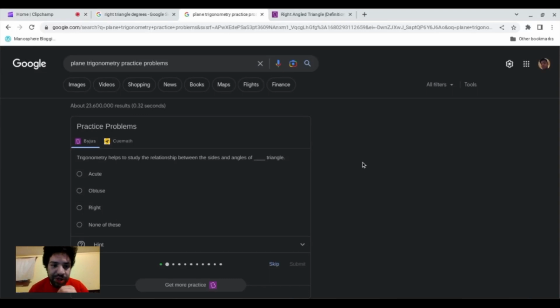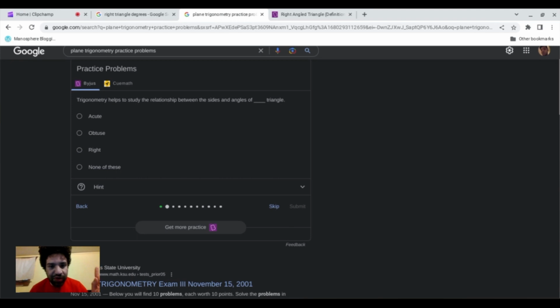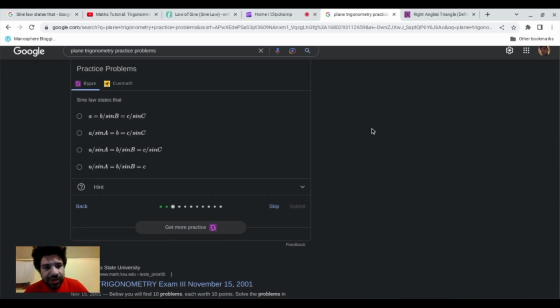So, given that logic, I already know that trigonometry will always study the relationship between the sides and angles of right triangles. So now we have a slightly more complicated question when it comes to trigonometry. The question states: is the sine law A equals B divided by sine B or equals C divided by sine C?